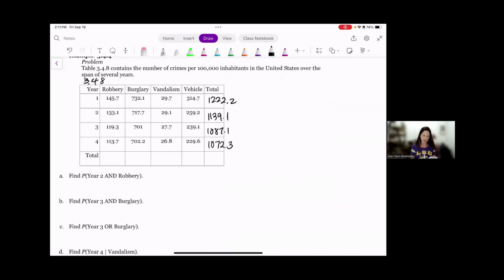I can add all of those together to get my overall total.